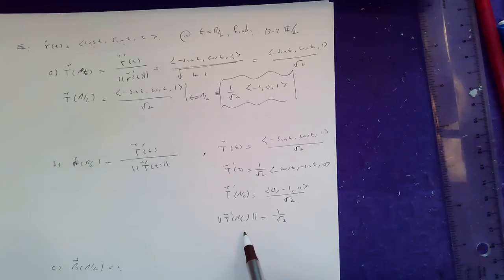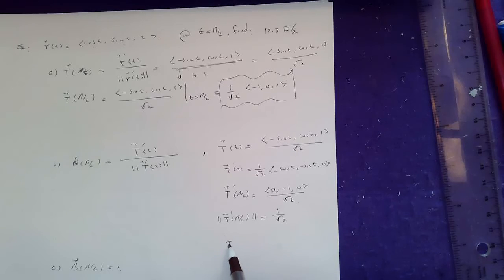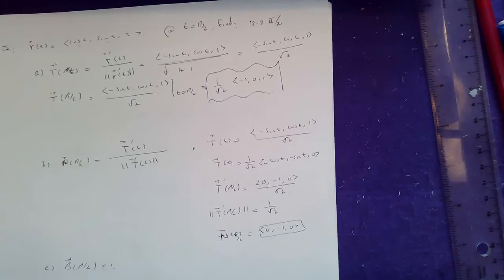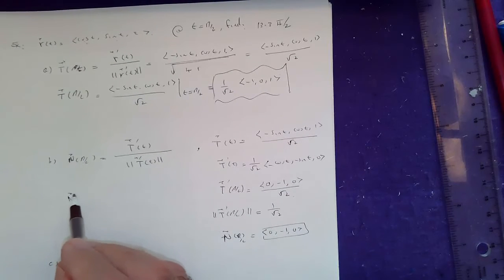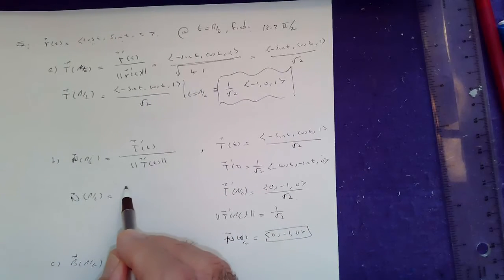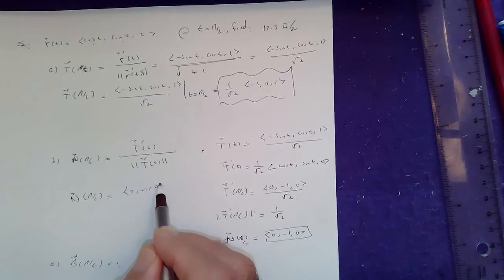Therefore, the normal vector at pi over 2 comes up to (0, -1, 0), since the square roots cancel each other out.